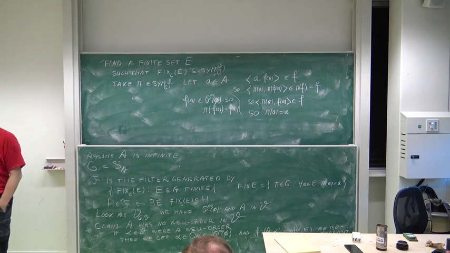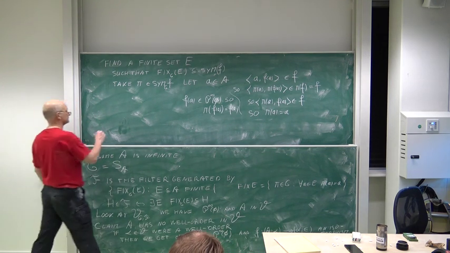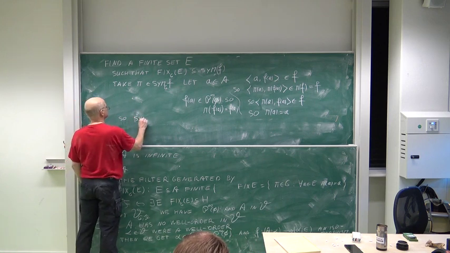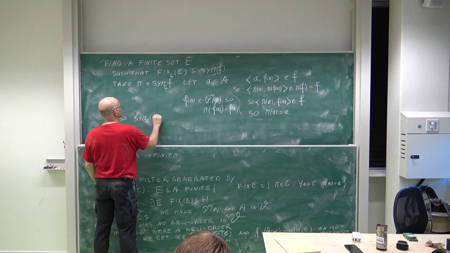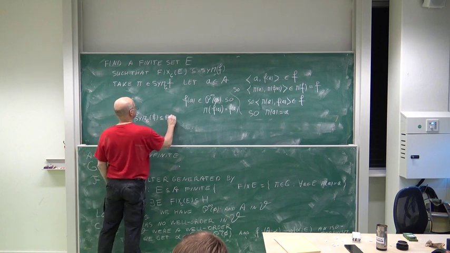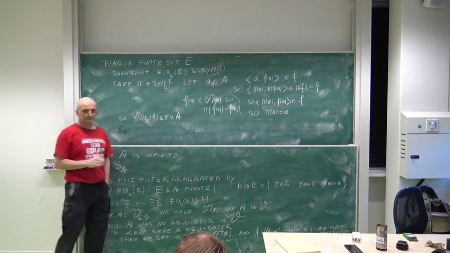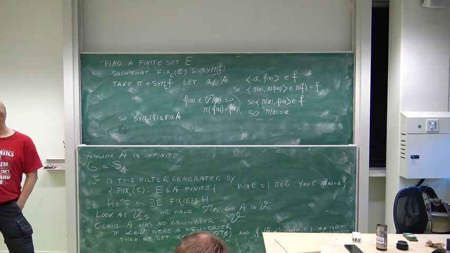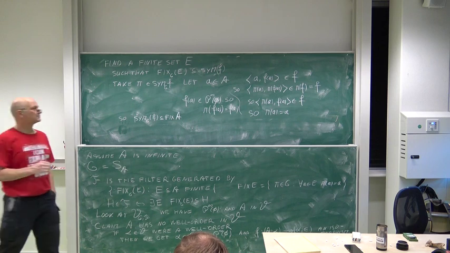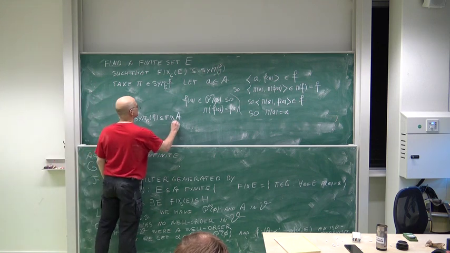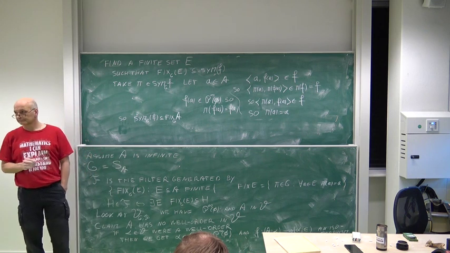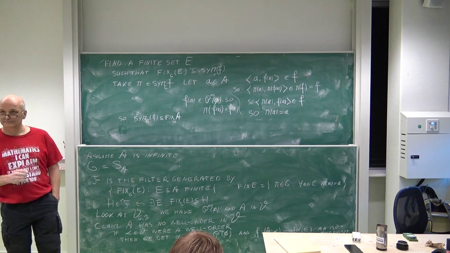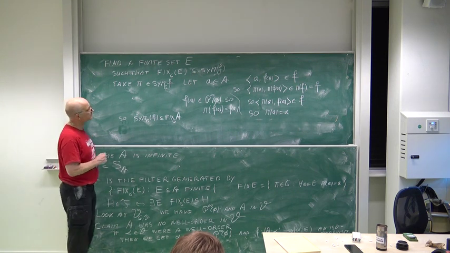A was arbitrary. Apparently, pi is the identity.